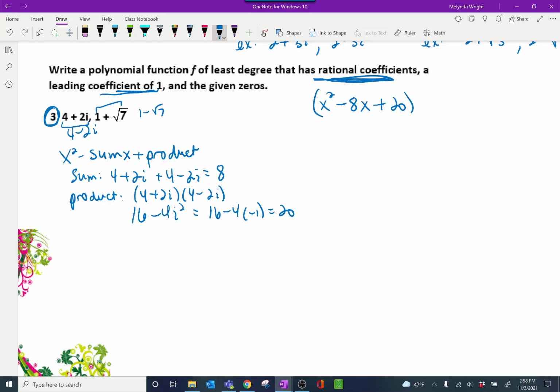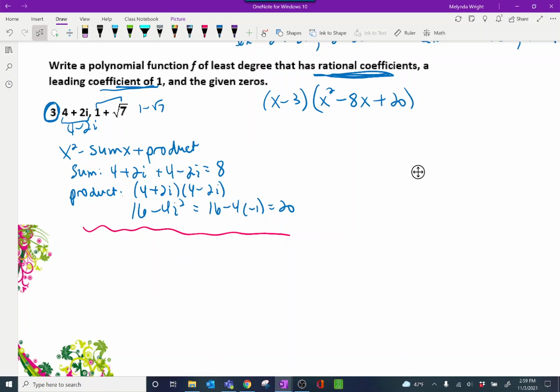That would be x minus 3. Okay, very good. So we've got one more pair to work with. And for this pair, I'm going to use this same x squared minus sum x plus product. So this is quite a handy formula to help us with these difficult problems, like with the imaginaries and the radicals.